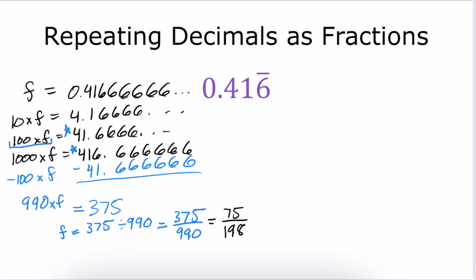But I think it might be divisible by 3. So let's divide 198 by 3. And when I do that, I get 66. So when I reduce this, I get 25 over 66. And that's fully reduced. And so it looks like 0.41666666 is equal to 25/66.